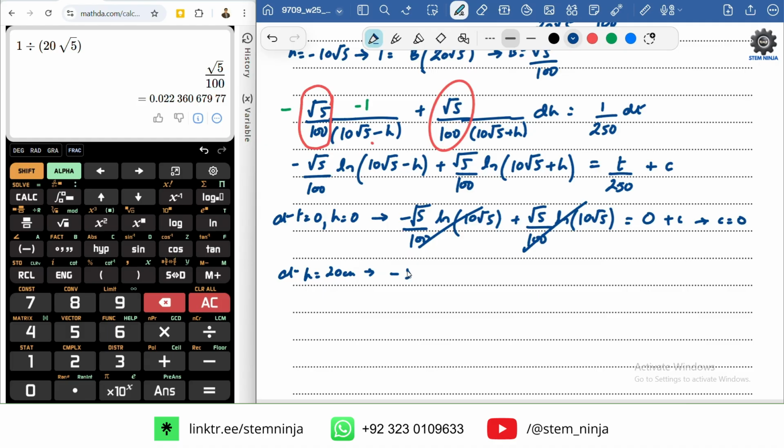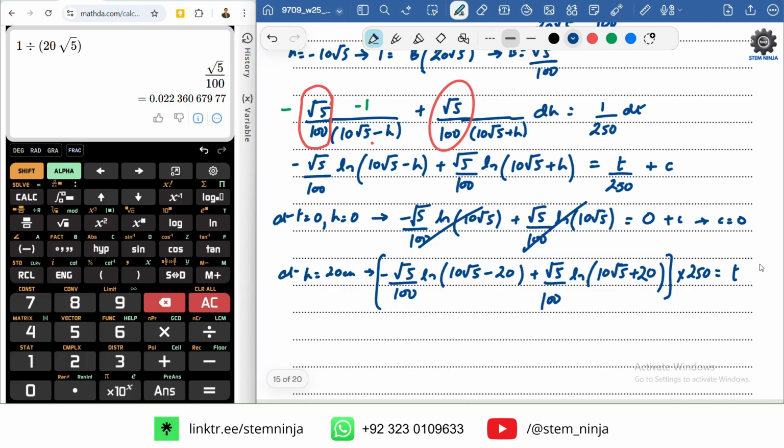So you have minus root 5 over 100 ln of 10 root 5 minus 20, plus root 5 over 100 ln of 10 root 5 plus 20, times by 250 is your t.